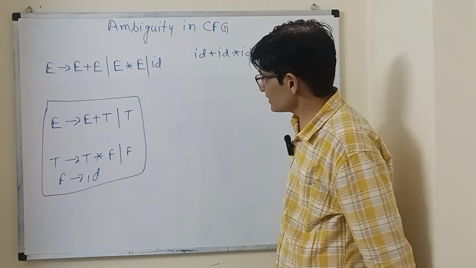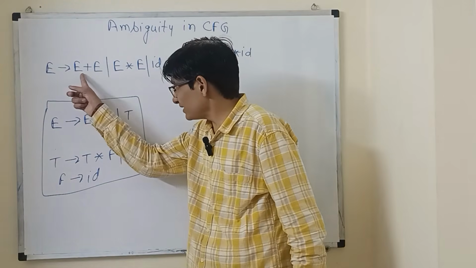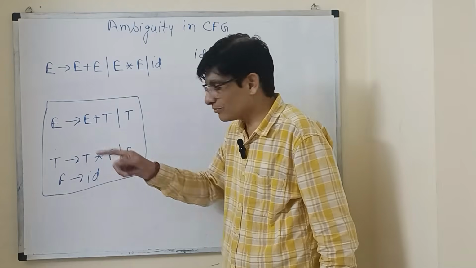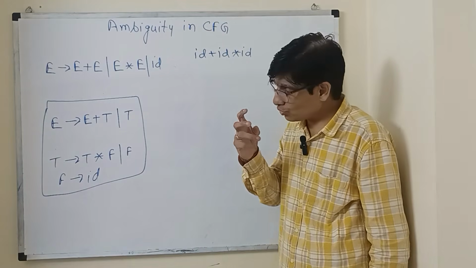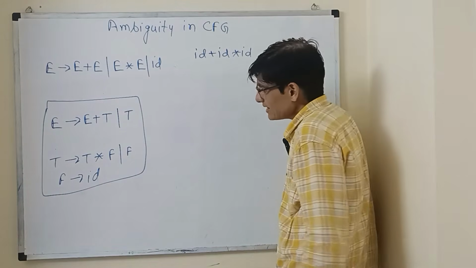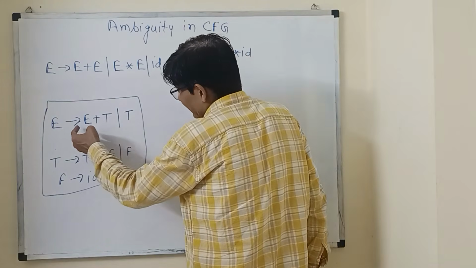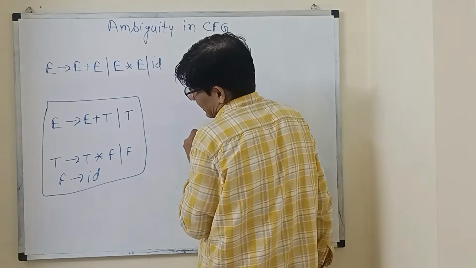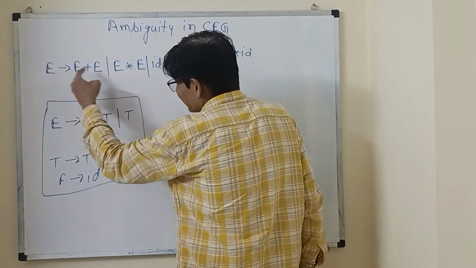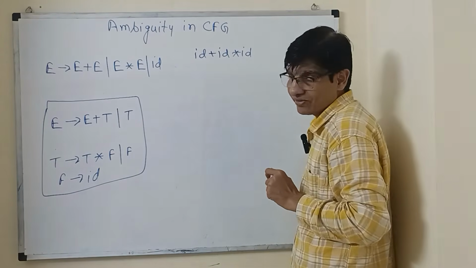So now friends, as you can see, while converting this ambiguous grammar into unambiguous form, you have noticed something. Each time I have replaced the rightmost occurrence of the left-hand side variable with another variable.